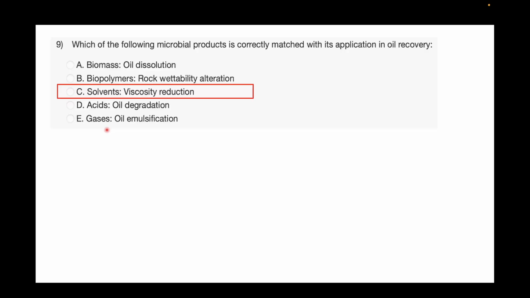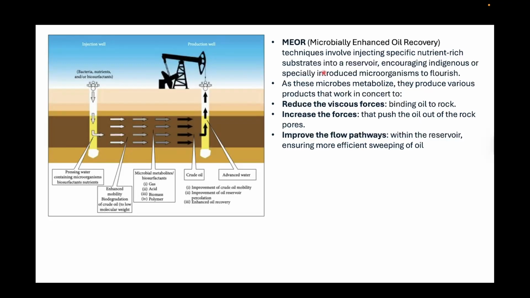what all products are required in oil recovery and what the process of oil recovery is. Microbially enhanced oil recovery, the MEOR technique, is the one used for recovering oil from the sediments. It involves injecting specific nutrient-rich substrates like bacteria and biosurfactants, encouraging indigenous and specially introduced microbes to flourish.